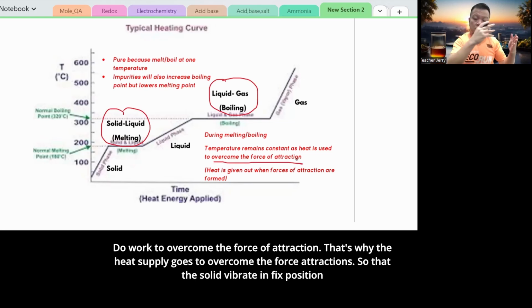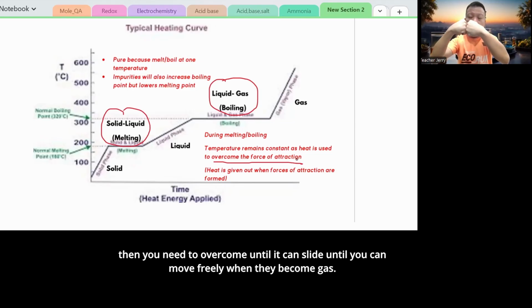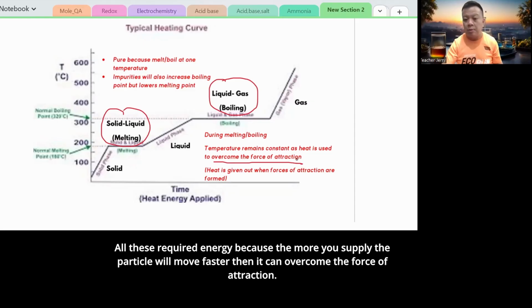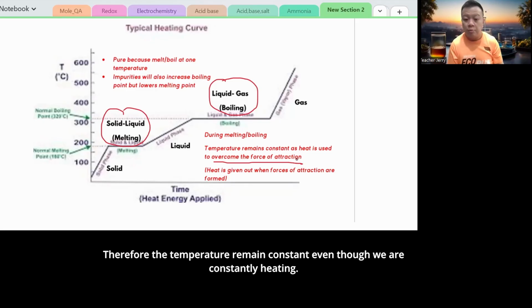That's why the heat supplied goes to overcome the force of attraction so that the solid vibrates in a fixed position. Then you need to overcome until they can slide, until they can move freely apart when they become gas. All these require energy, because the more energy you supply to the particles, the faster they move, then you can overcome the force of attraction. Therefore, the temperature remains constant even though we are constantly heating.